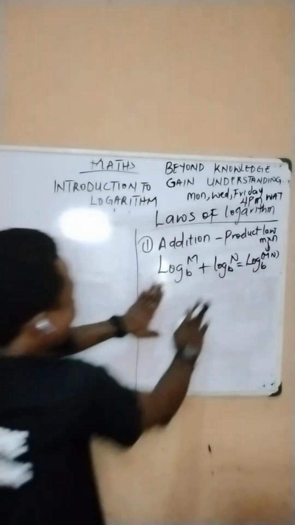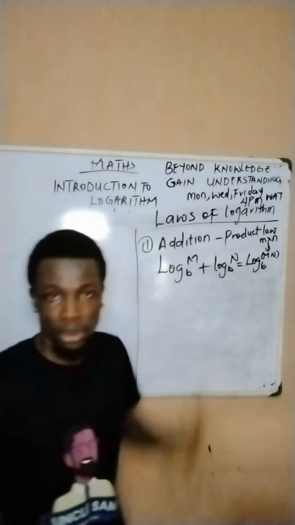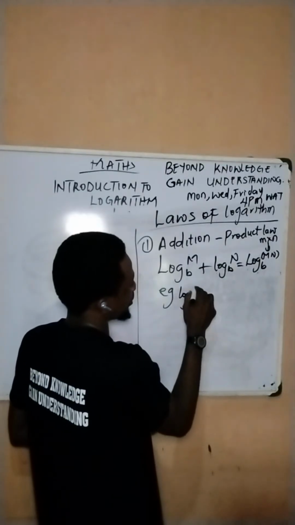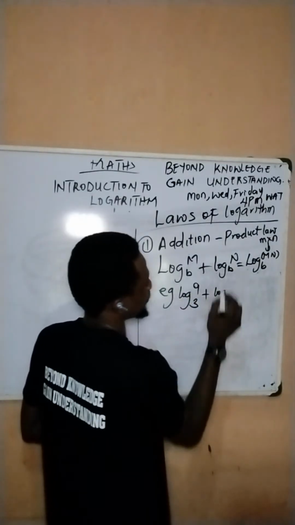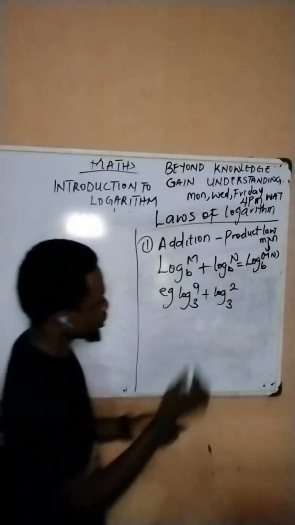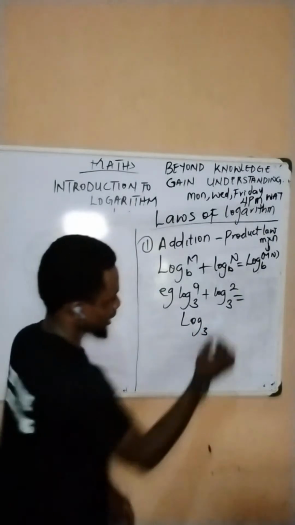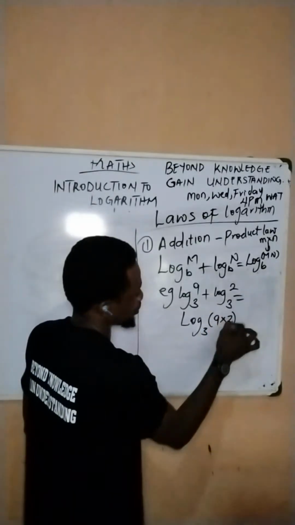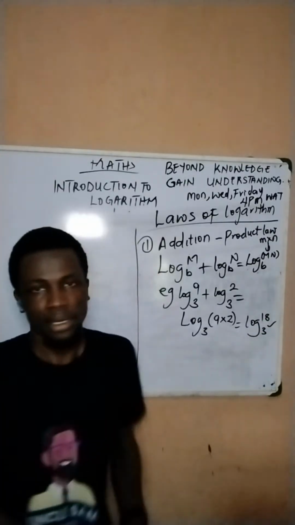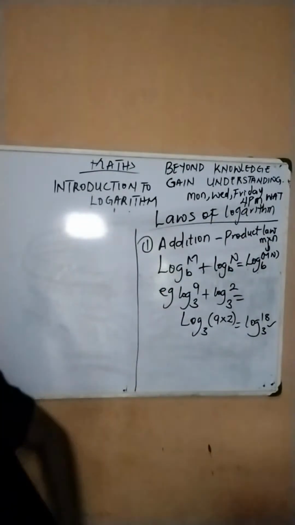So provided that they are in the same base, we can pick one of the base and then multiply the logs. So for example, if I have log 9 base 3 plus log 2 base 3, yes, since the bases are the same, pick one of the base, 3, and then multiply 9 times 2, and that will give us log 18 base 3. This is basically what the addition stroke product law is talking about.